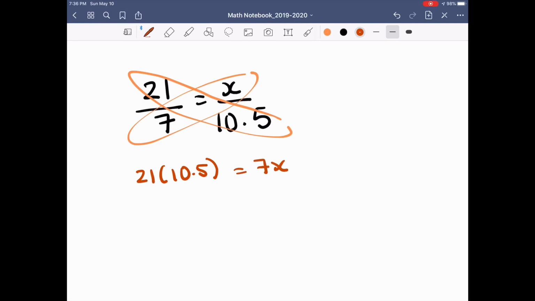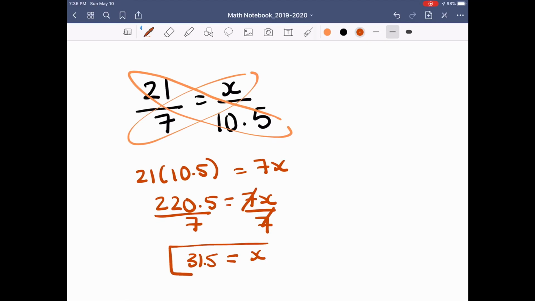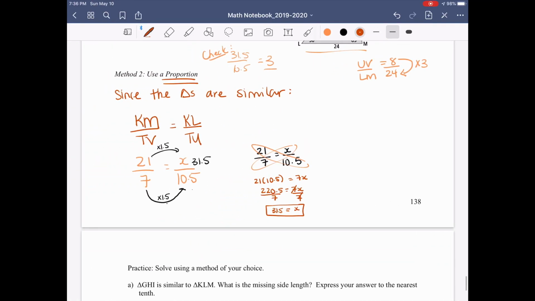Now 21 times 10.5 is equal to 220.5, which is equal to 7x. Then if we want to get x by itself, you divide both sides by 7. And then you get that x is equal to 31.5.